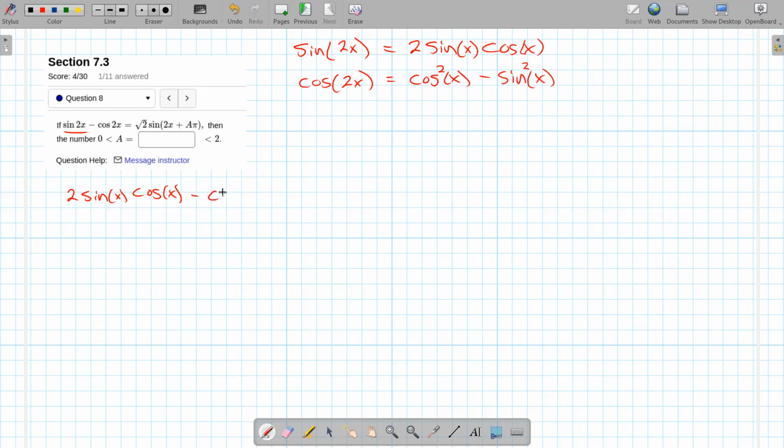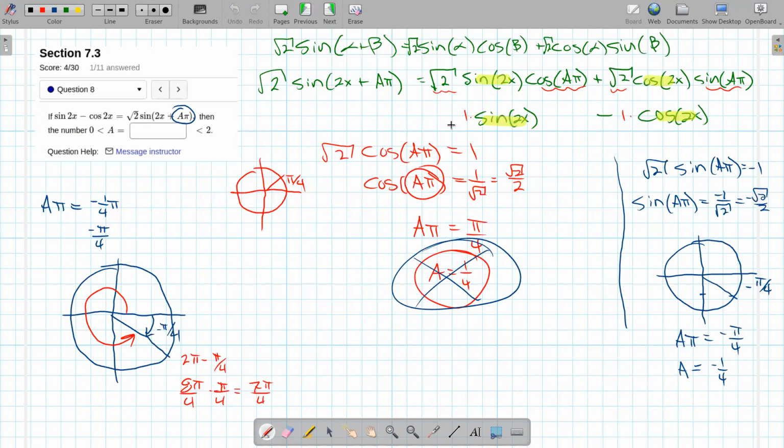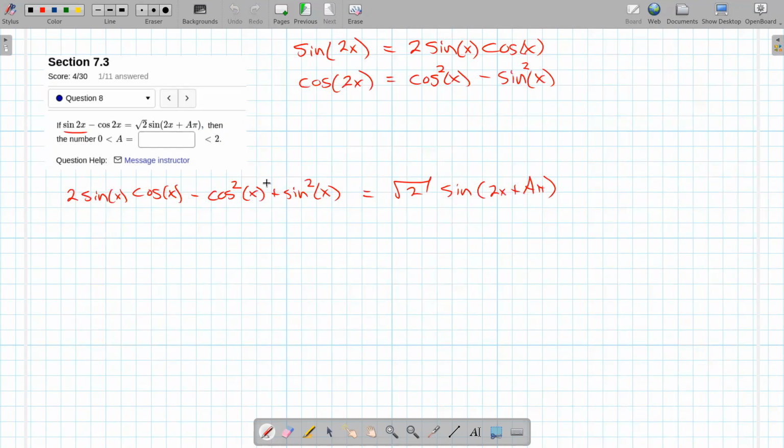So that's going to give me a minus cosine squared of x, and then minus a negative would be a plus sine squared of x. And that's supposed to be equal to the square root of 2 sine of 2x plus a pi. Eek. But again, looking at my first step here, it doesn't look too much worse than that. Maybe this will go somewhere, you never know.